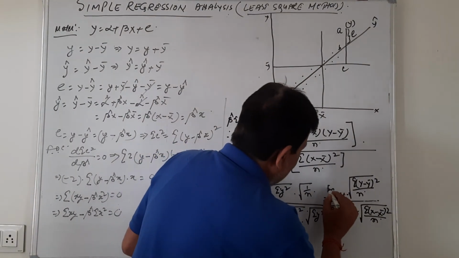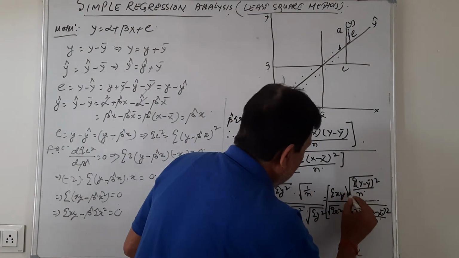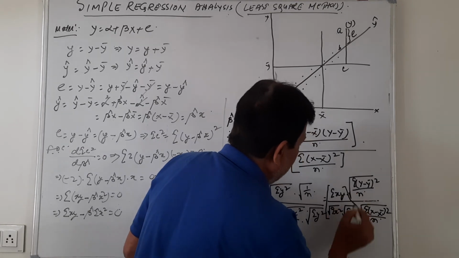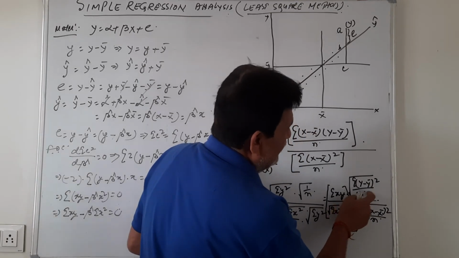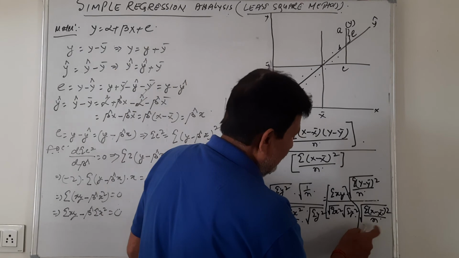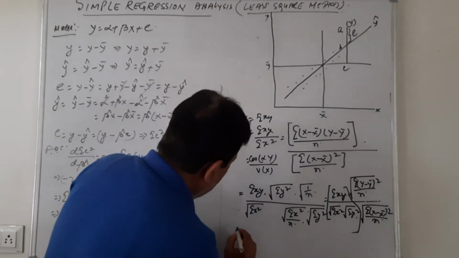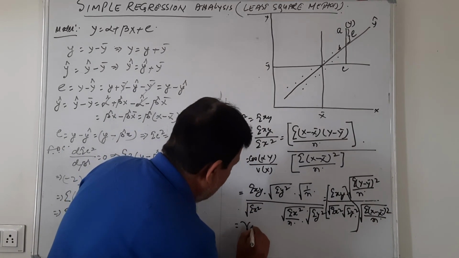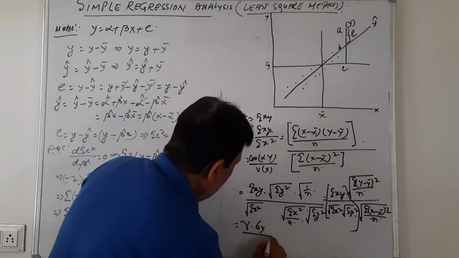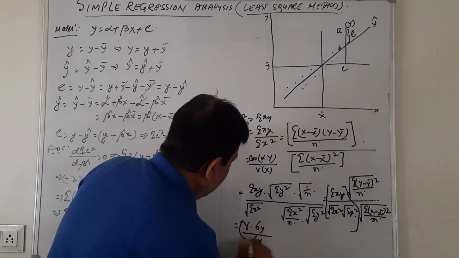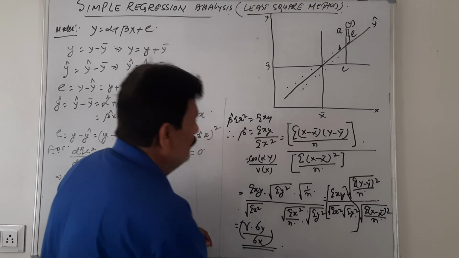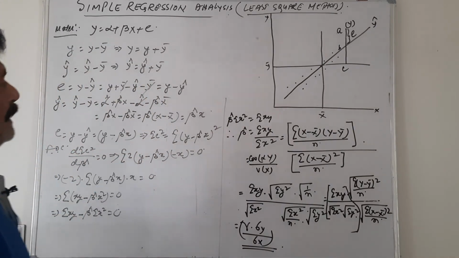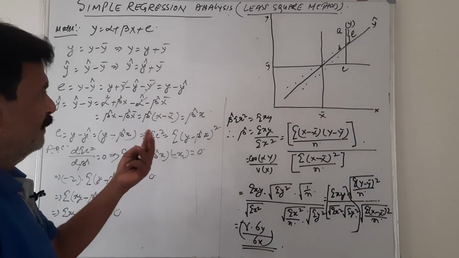Now this thing has become the Karl Pearson correlation coefficient. This is the standard deviation of y and this is the standard deviation of x. So beta cap has become r into sigma y divided by sigma x. So in the deviation form, beta cap could be expressed in various forms.